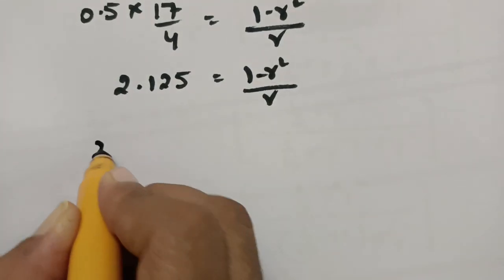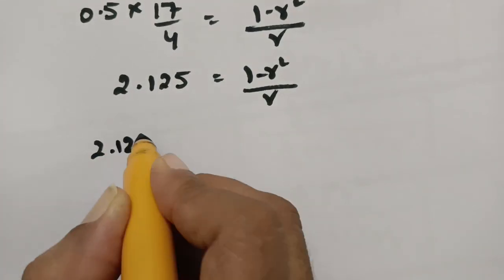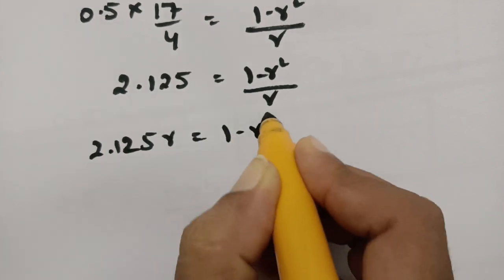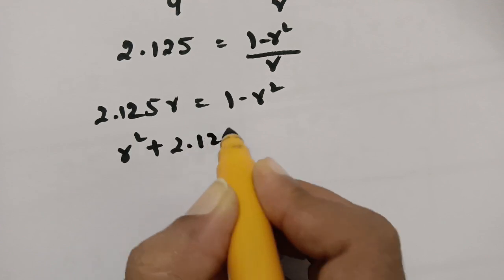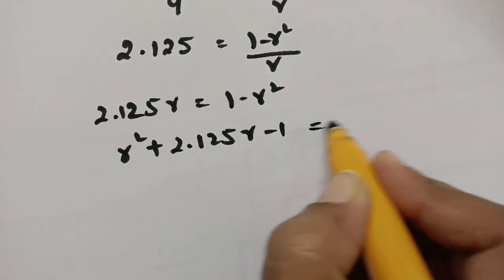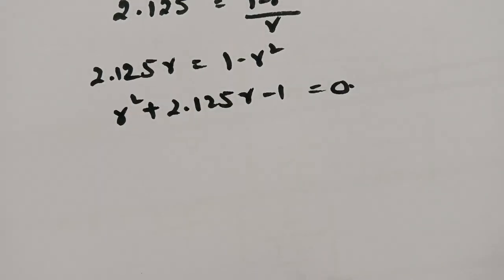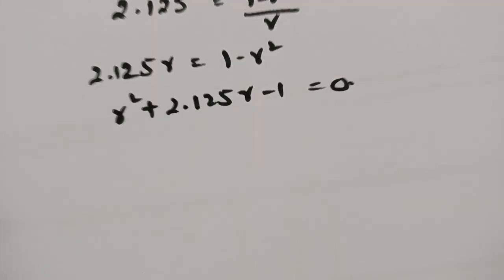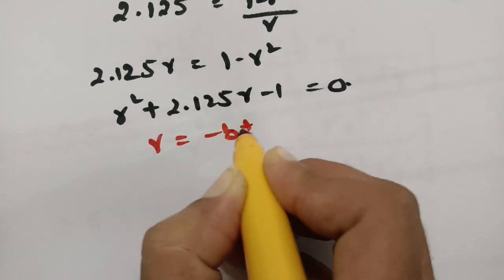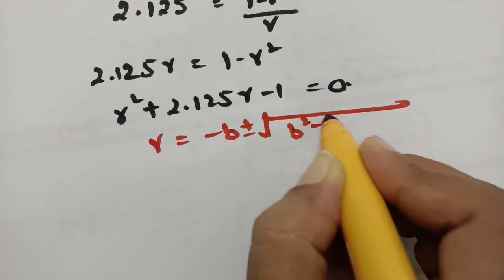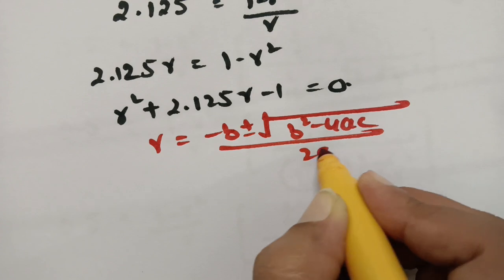So if I send the r to the other side, 2.125 r is equal to 1 minus r square. So this will be r square plus 2.125 r minus 1 is equal to 0. And next, here we have to find out the value of r. For that, the formula is minus b plus or minus root over b square minus 4ac, by 2a.